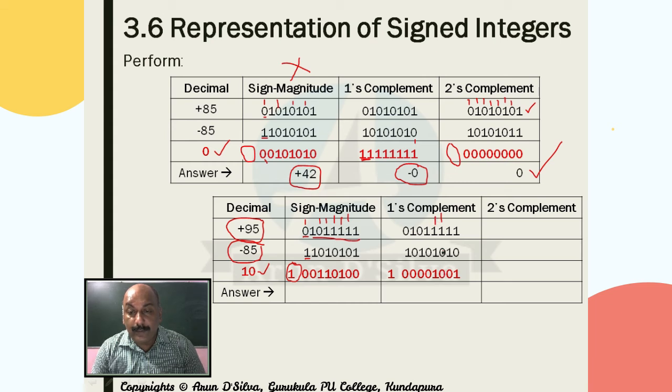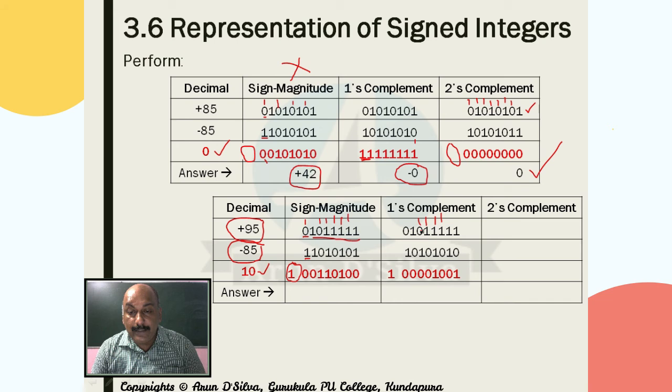Now 1 plus 1 plus 1, three ones, I get 1 1, I wrote 1 here and 1 carry. Now 1 plus 1 plus 0, I got 1 0, 0 I wrote here, 1 I took as a carry.